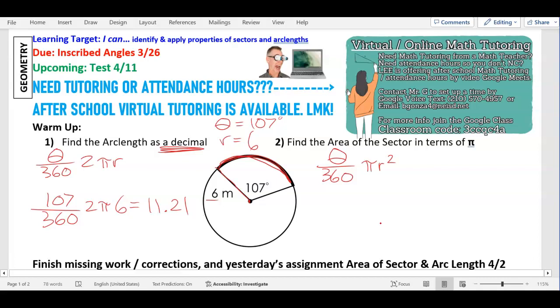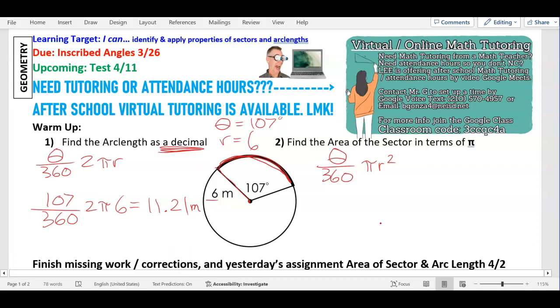So 11.21 meters. Now, very important, since arc length is a length, it is just meters. There's no squared on it. The only time you use squared is when it's area over here. So for regular arc length, do not put a squared on the meters.